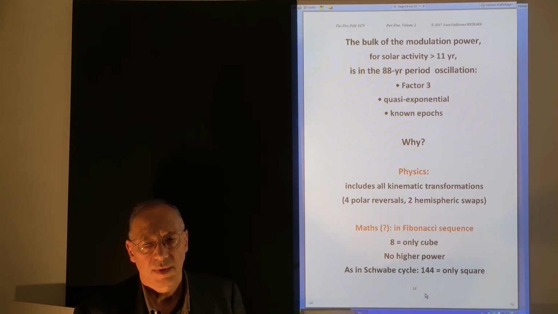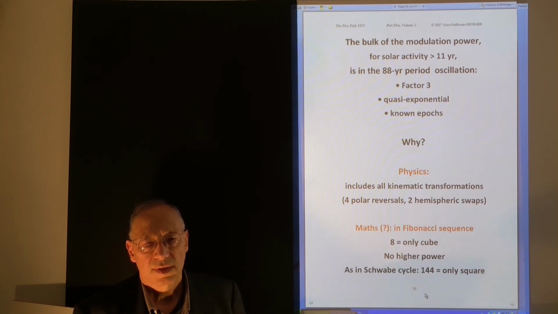Now there is perhaps a deeper root for this circumstance in mathematics and in the Fibonacci sequence, which, as we found in part 1 of the Fivefold Sun book, supports the kinematic of the Schwabe cycle. Well, 8 in this sequence is the only cube. There is no higher power in the sequence.